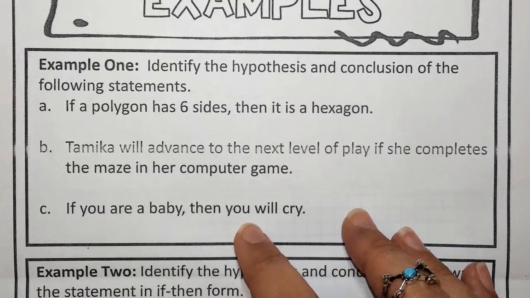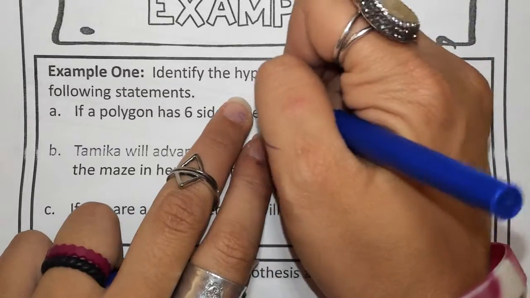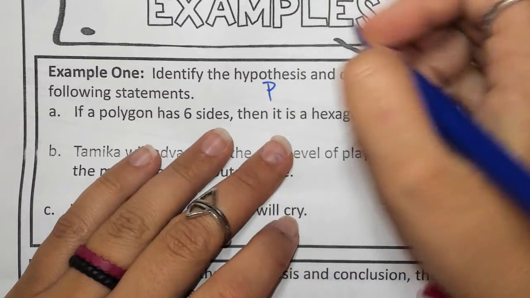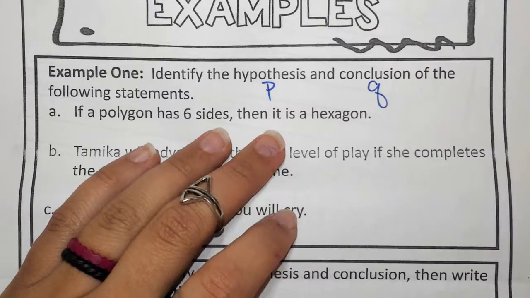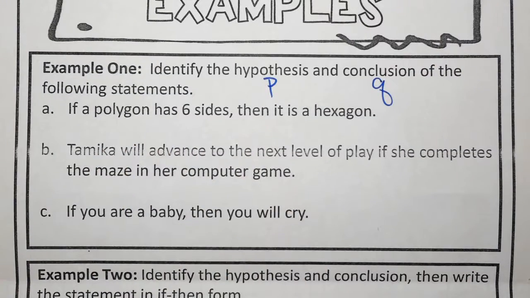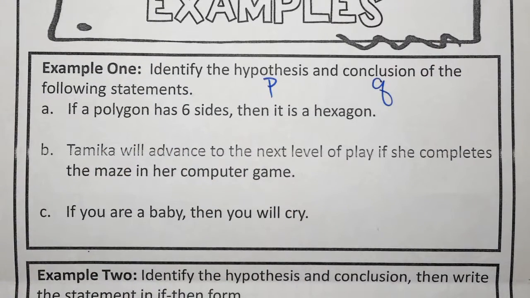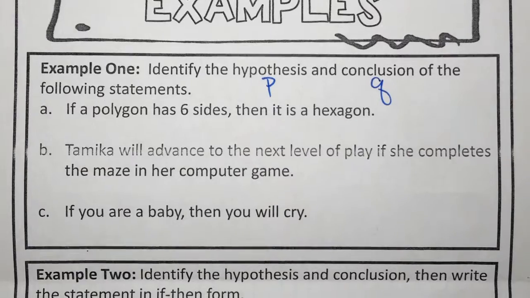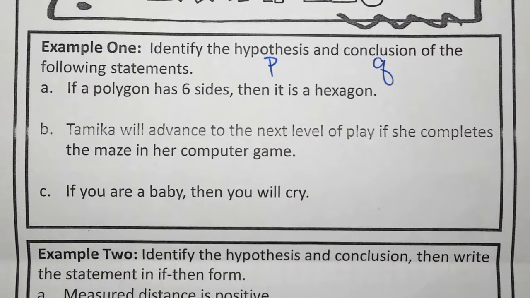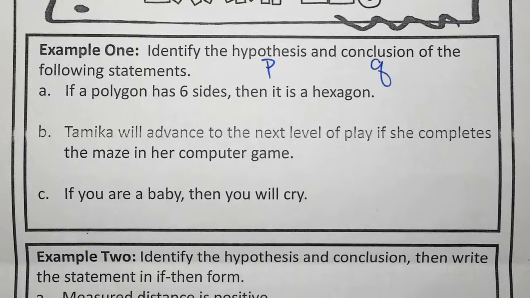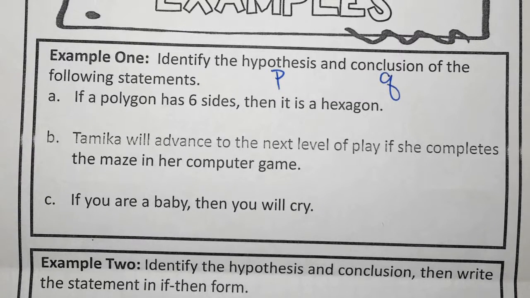All right, so hypothesis and the conclusion. Remember, your hypothesis is P. Your conclusion is Q. Who can tell me what the hypothesis is of A? If a polygon has... Does the hypothesis have "if" in it? No, we don't write that. Remember, we wrote that on conditional statement. When you write it, if and then are not included.